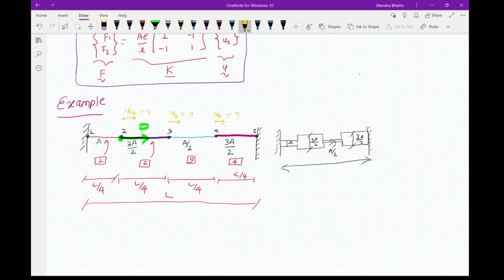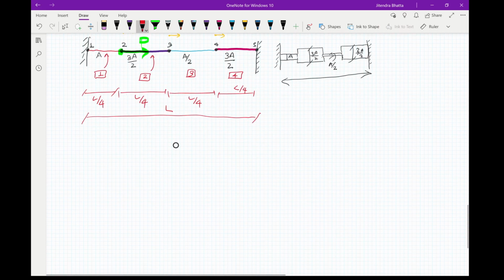So you can see here that we have already created our parts or elements. Let's say each of these has the same elastic modulus of E. Then let's look into element number 1. So for element number 1, this is your node 1, this is your node 2. So for this one, you have to form your stiffness matrix.